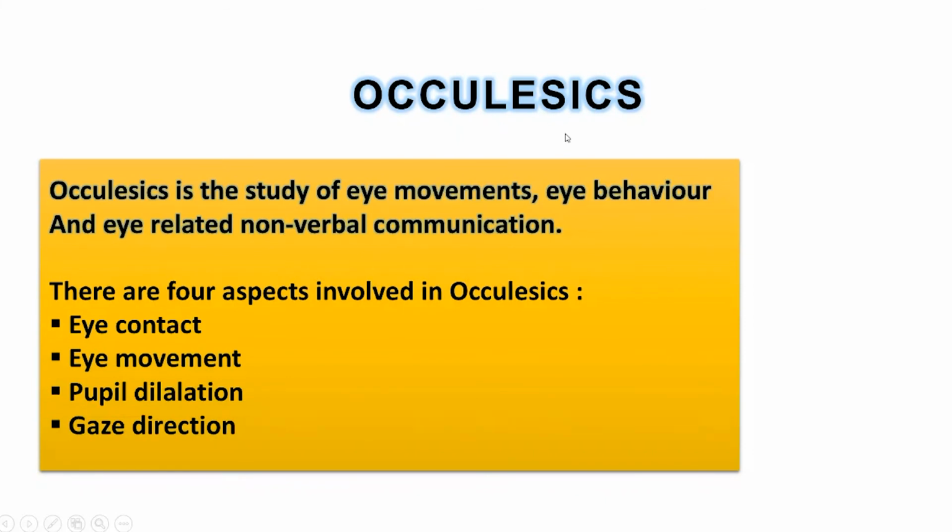So haptics is touch, proxemics is space, kinesics is body movement, and eye-related movements and contact come under oculesics. When you are confident while speaking, you maintain eye contact. And if you tell lies, it is proven that the person may not maintain eye contact with the other person. So this is a very important field, called oculesics.